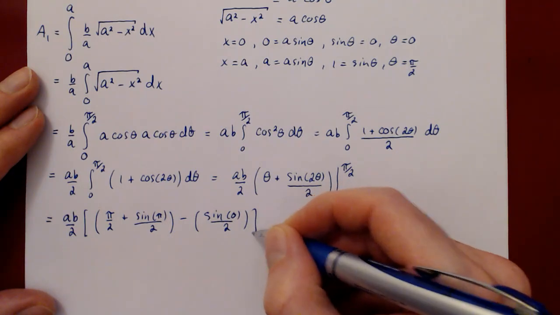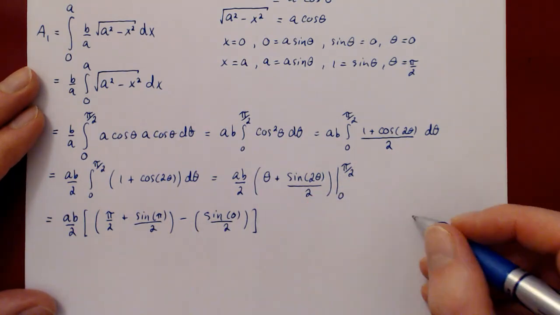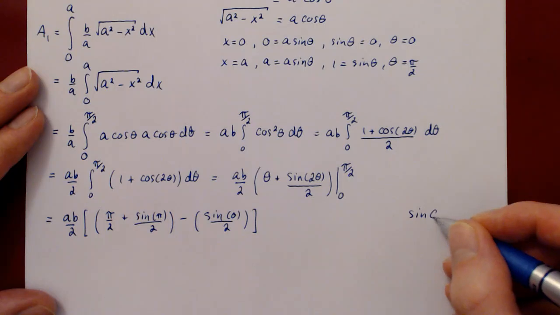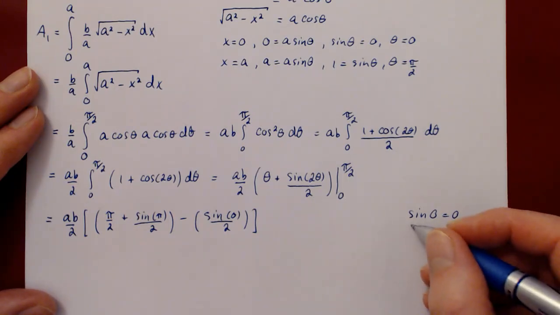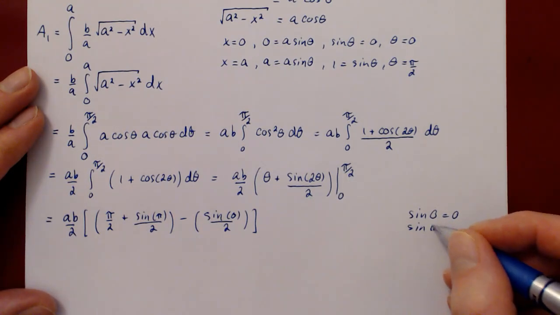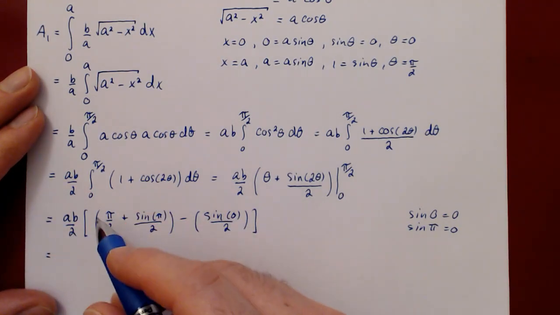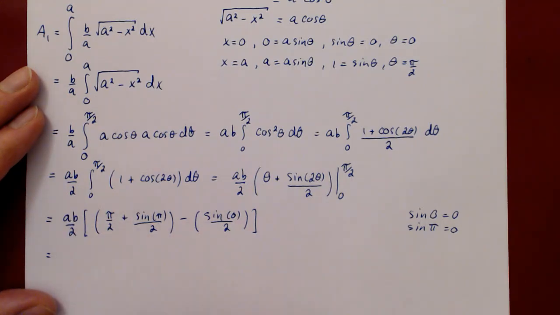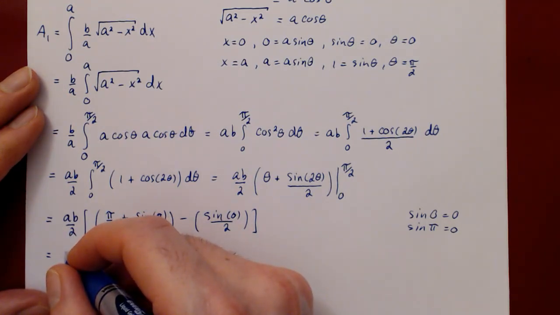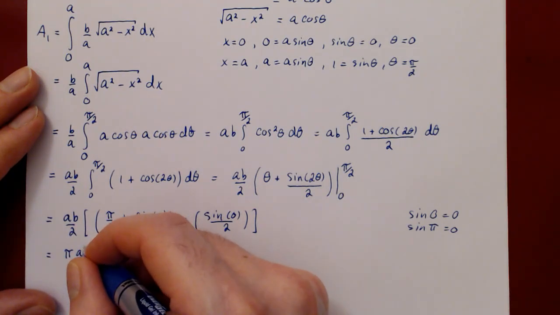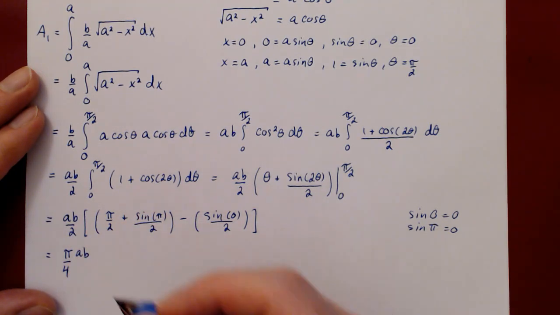And this simplifies quite nicely because, of course, sine of 0 is 0, and sine of pi is also 0. So both of these terms vanish, and we are left with pi over 2 times ab over 2. So if we put the pi first, pi times a times b over 4.